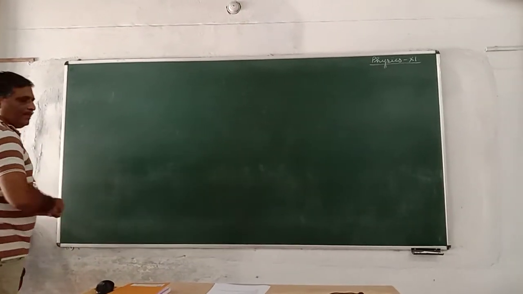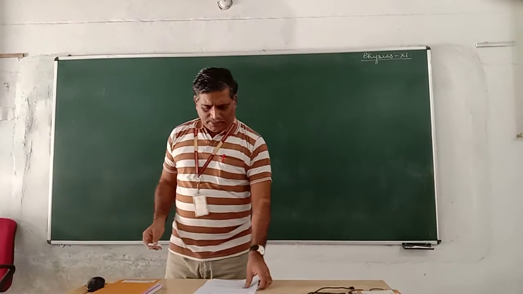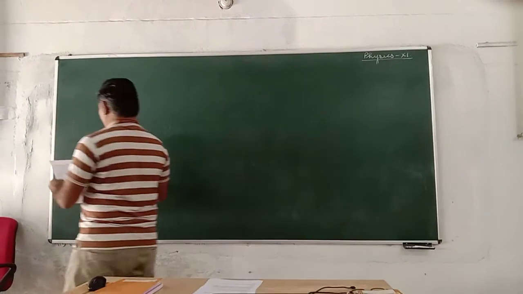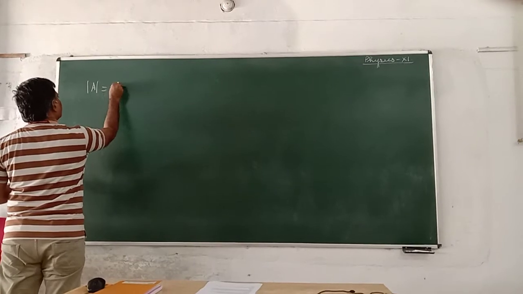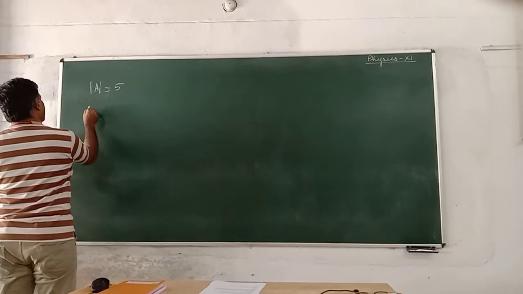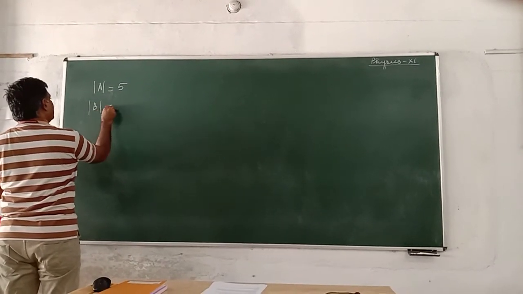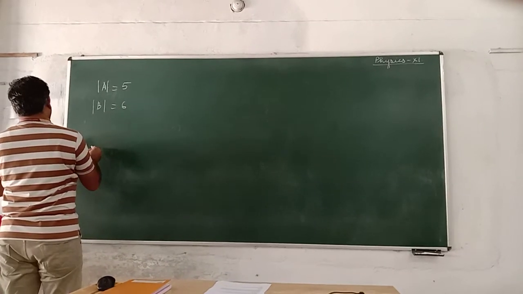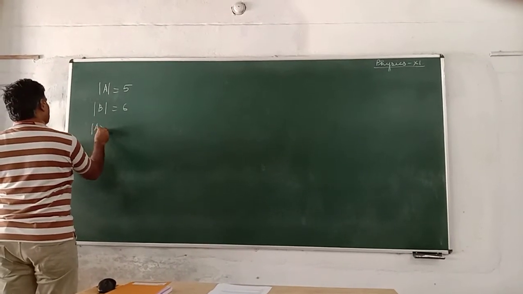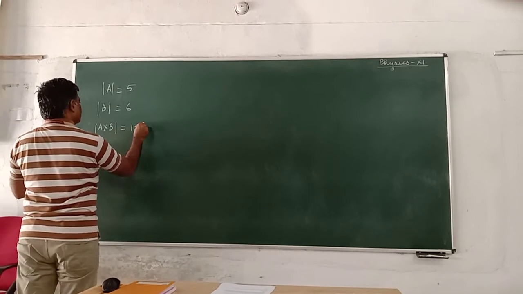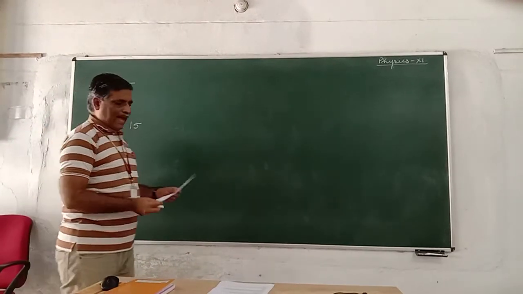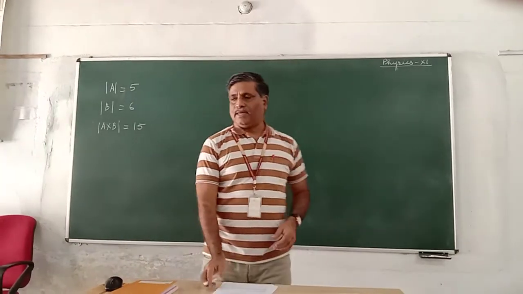So, the given things in this one: magnitude of A is equal to 5, magnitude of B is equal to 6, then A cross B, magnitude is 15 units. Then angle between A and B is asked.